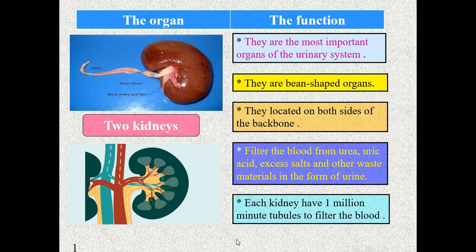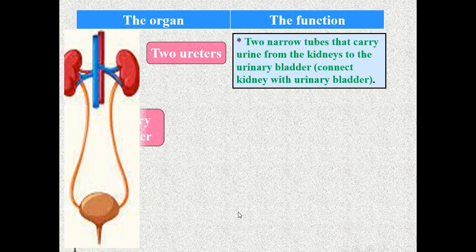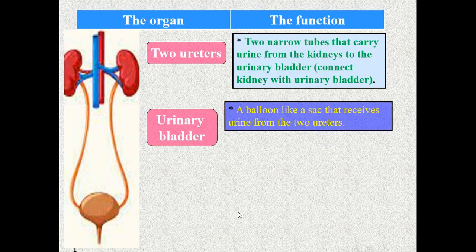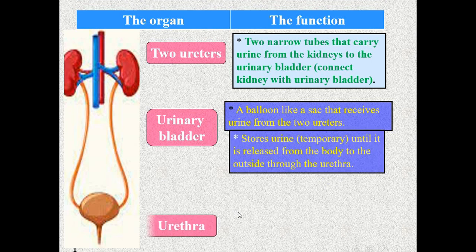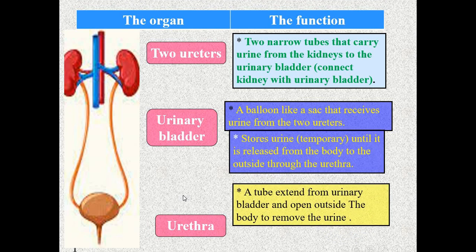What else? Two ureters, the urinary bladder, and the urethra. What is the function of the two ureters? They are narrow tubes that carry urine from the kidney after filtration.